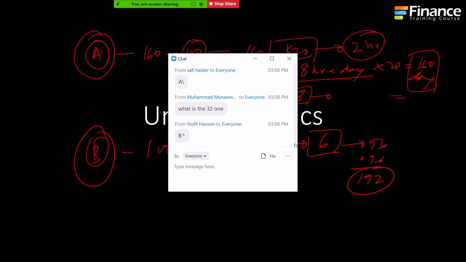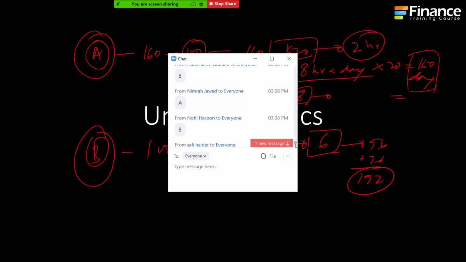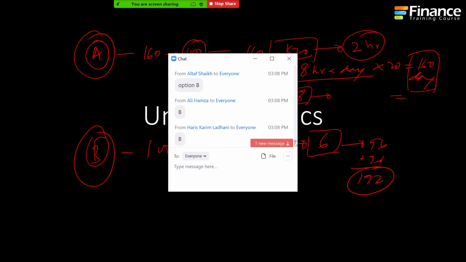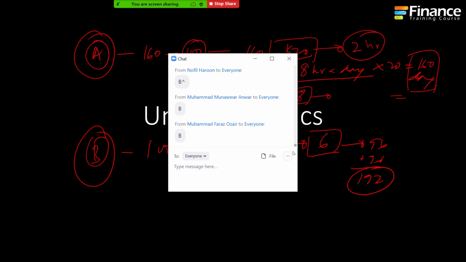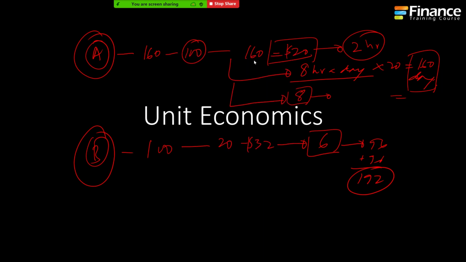B. 32 is B. If contractually you're forbidden to charge for lunch, you cannot charge for lunch. A is not a valid option.